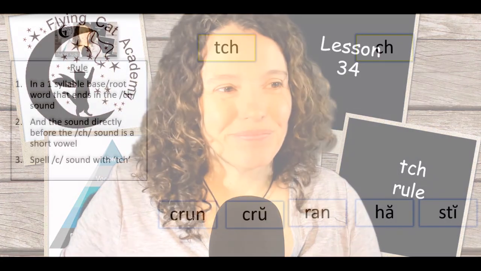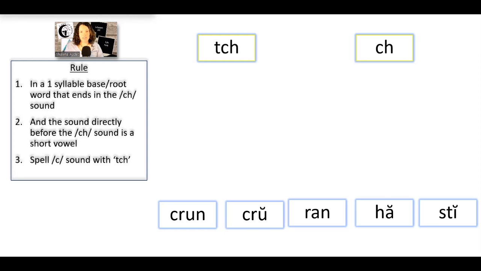Good job. Let's do a quick sort to practice when we use TCH and when we use CH. Remember that the rule is at the end of a word, if you hear that ch sound, and right before the ch sound you hear a short vowel, then you need that TCH to step in and be the babysitter because CH will not babysit.